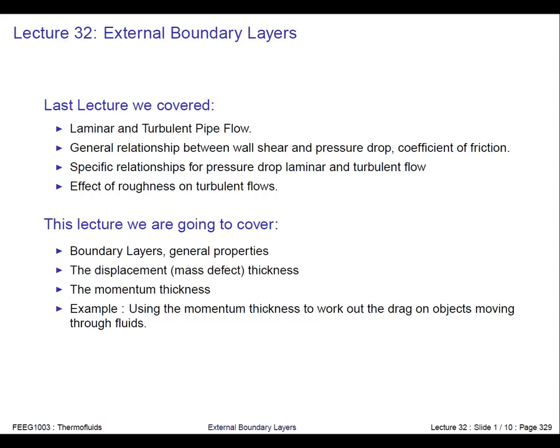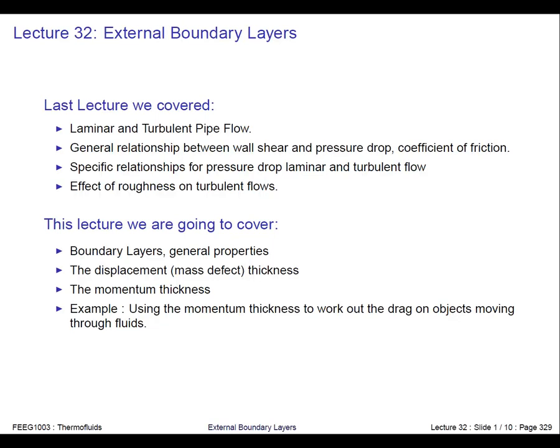Okay, in the previous lecture we looked at turbulent pipe flow, and looked at the coefficient of friction and different types of pressure drop for laminar and turbulent flow, and also the effect of roughness. And it gave us an opportunity to start looking at turbulent boundary layers.